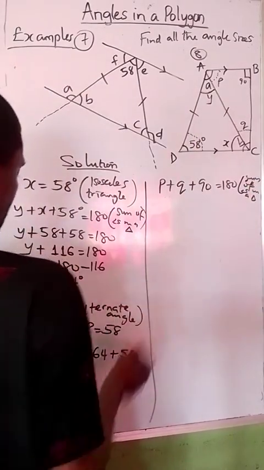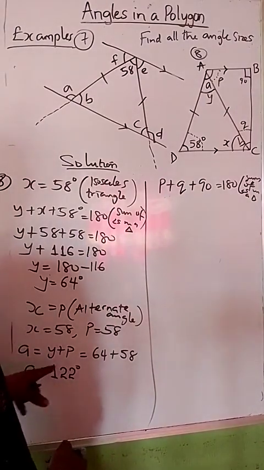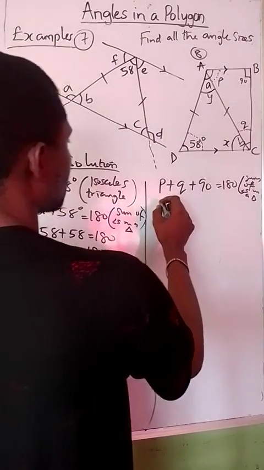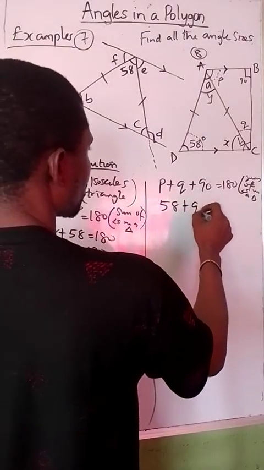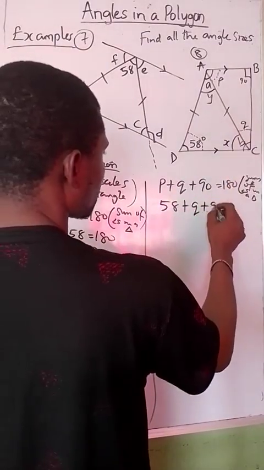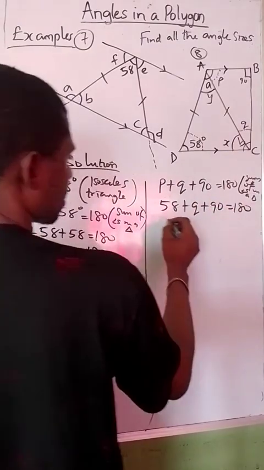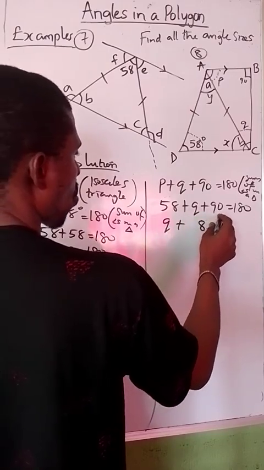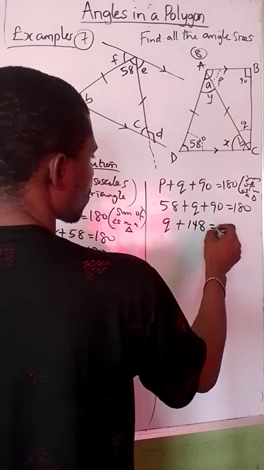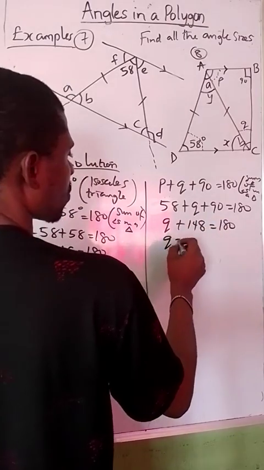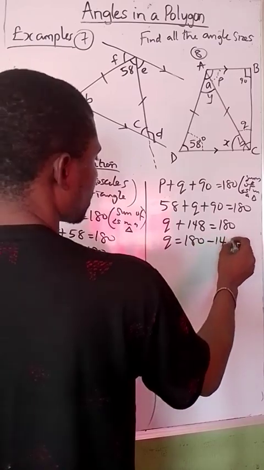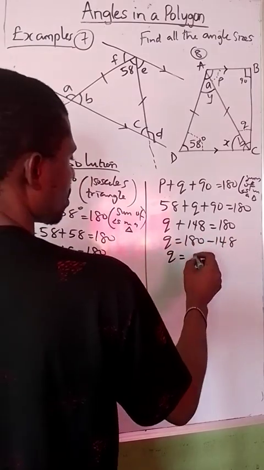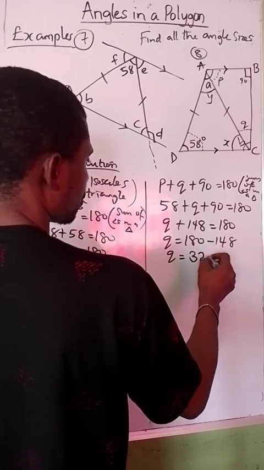Our P is 58. 58 plus Q is what we are looking for now, plus 90 because of 180. Our Q plus 148 because 180. So our Q equals 180 minus 148. So our Q equals 32 degrees.